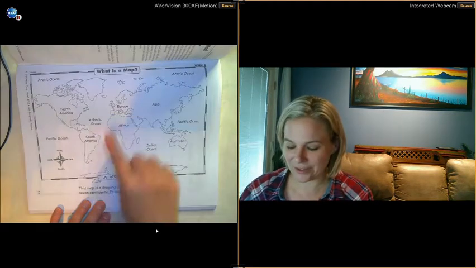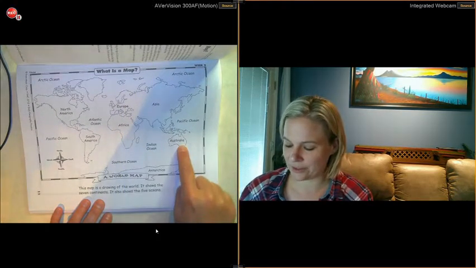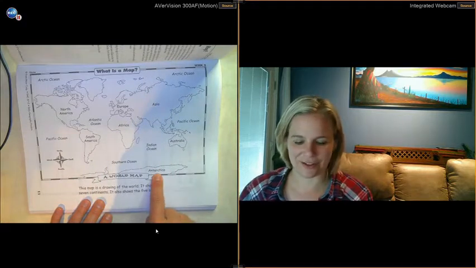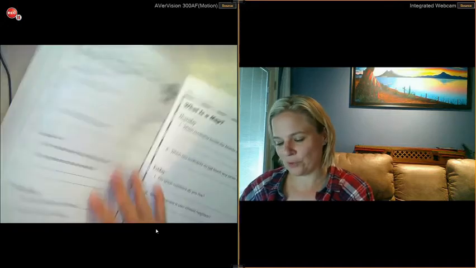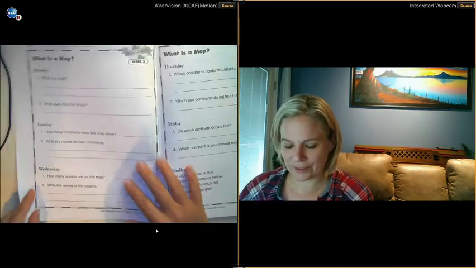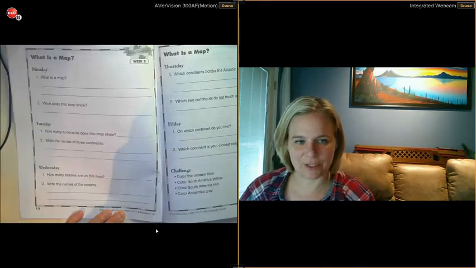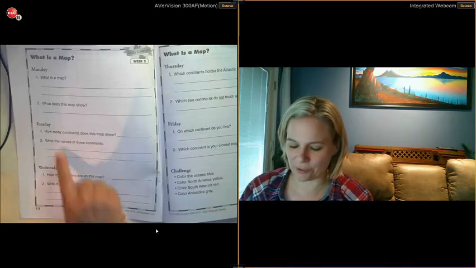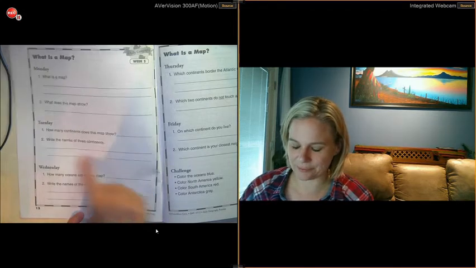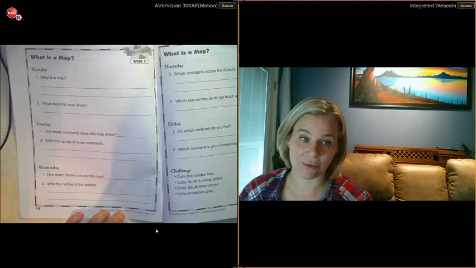We've got North America, that's the one we live in, South America, Europe, Asia, Africa, Australia, and Antarctica. So, we look back at our question. How many continents does this map show? 7. Okay, pick 3 of them and write down the names. Extra credit, you can write down all 7.